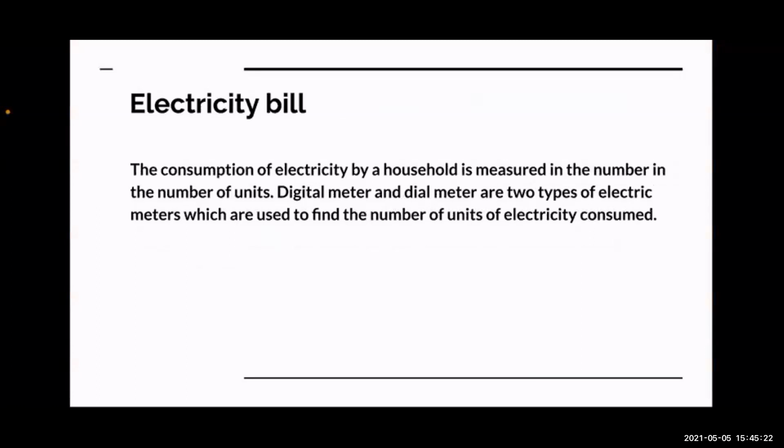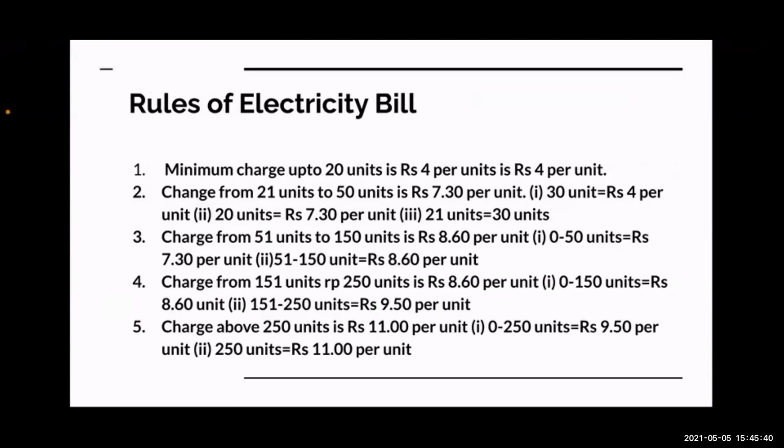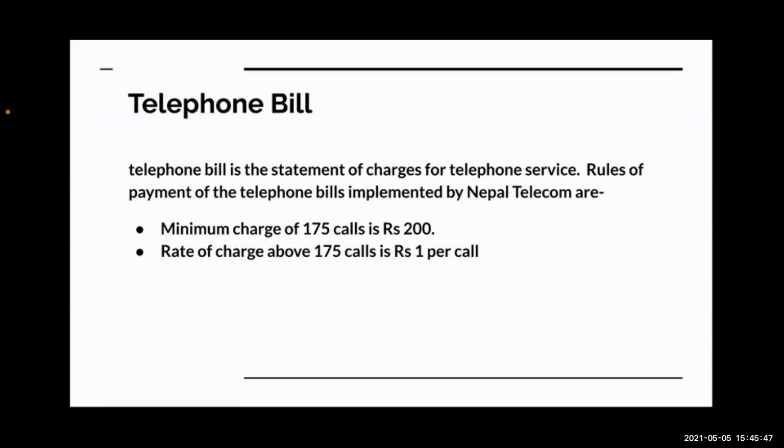Electricity bill. The consumption of electricity by a household is measured in the number of units. Digital meter and dial meter are the two types of electric meters used to find the number of units of electricity consumed. These are the rules of electricity bills. Telephone bill. A telephone bill is a statement of charges for telephone services.